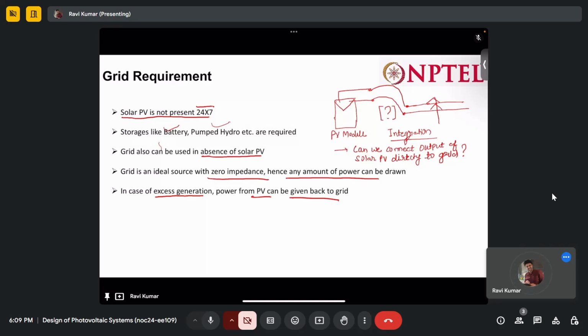But can we do so directly? No. We will now understand why we cannot connect the PV module directly to the grid.